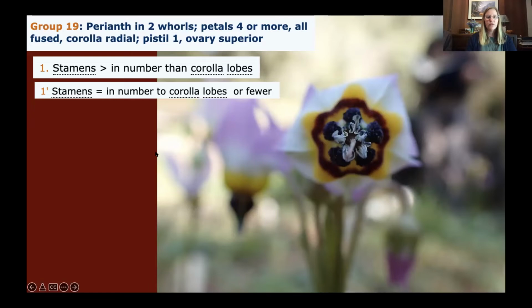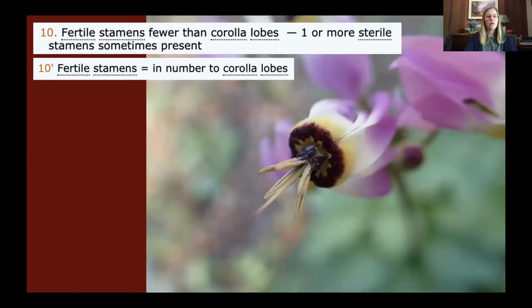Stamens greater in number than corolla lobes, or stamens equal in number to corolla lobes, or fewer. So in this case, we have 5 of each, so they are equal in number. Fertile stamens fewer than corolla lobes, 1 or more sterile stamens sometimes present, or fertile stamens equal in number to corolla lobes.